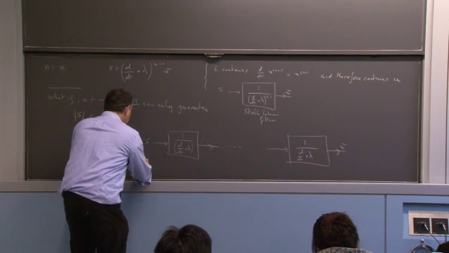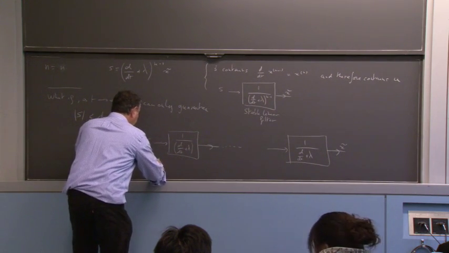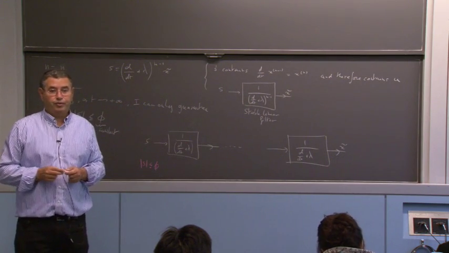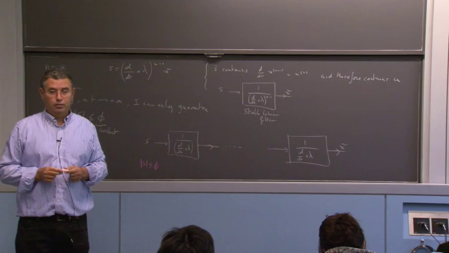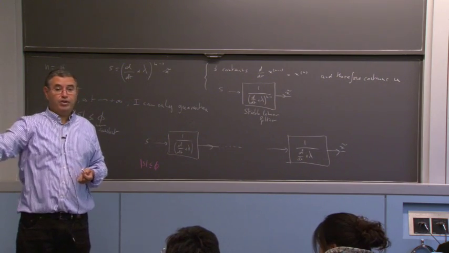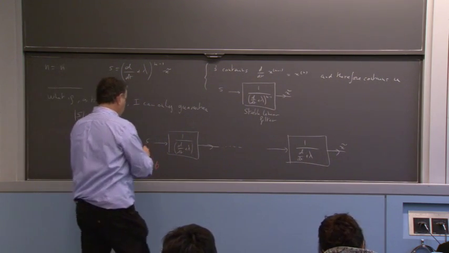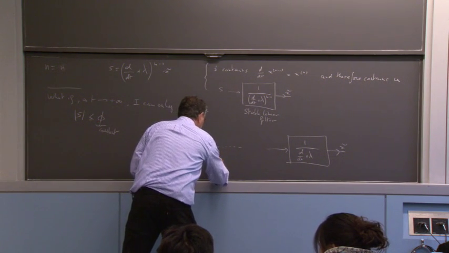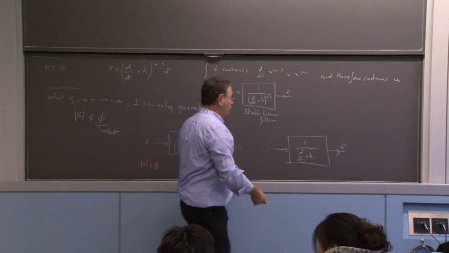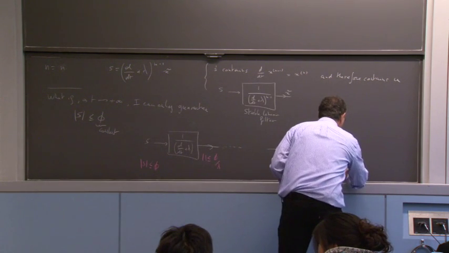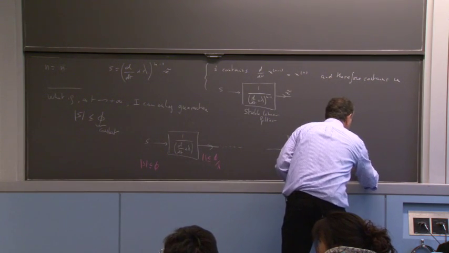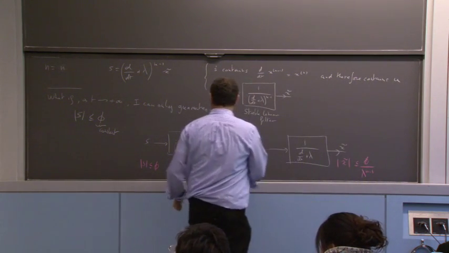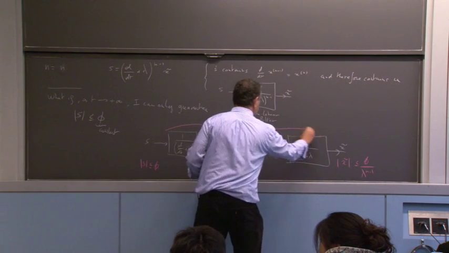So suppose that indeed s is less than phi. How can we bound this term after transients? Well, it would be exactly the same calculation, so it would be less than phi over lambda, and so on. So at the end, what do we have? The absolute value of x tilde after transients is less than phi over lambda to the n minus 1, because we have n minus 1 filters.